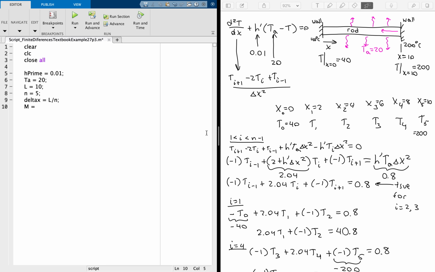And M is going to have dimension N minus 1.